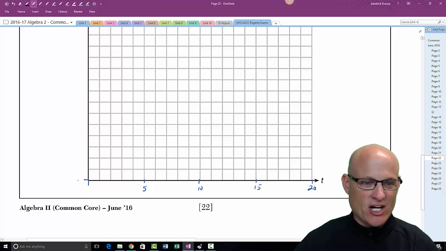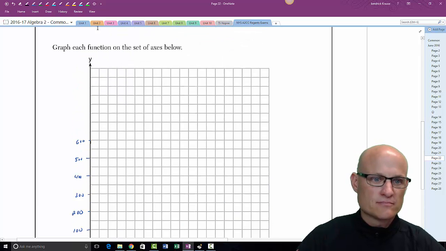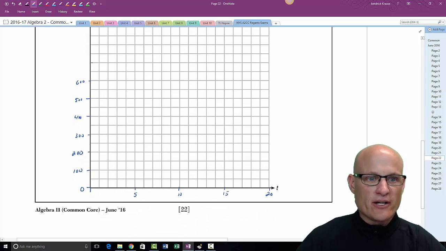And I got to get up to 800. So let's make every two of these 100. 100. I hope this is enough. 200. I think it is. 300. 400. 500. 600, 700 and 800. I should have done that in a different color, but that's okay.